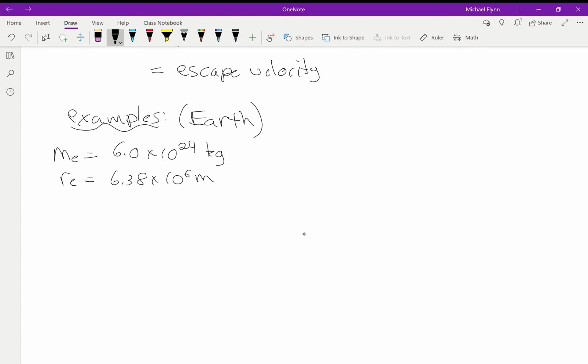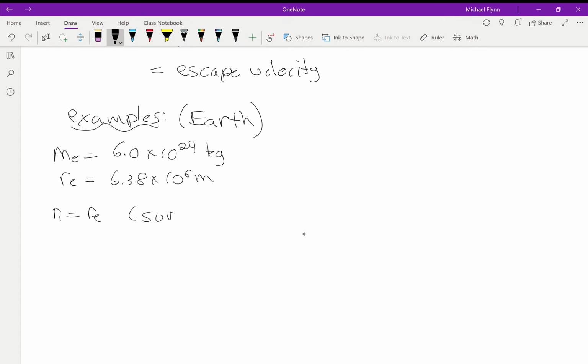However, let's say you want to escape Earth. So you build your spaceship and you want to escape. But before you escape, maybe you want to make it into the space station orbit zone, somewhere around there. So let's say you're going to start at the radius of the Earth, on the surface.